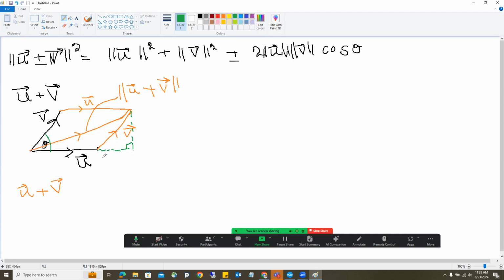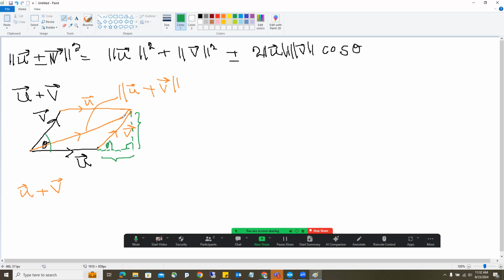And now we have two lengths here. Now what will happen for these two? So if this angle is theta, what about this angle? That's also theta.